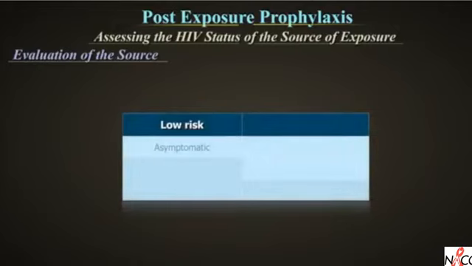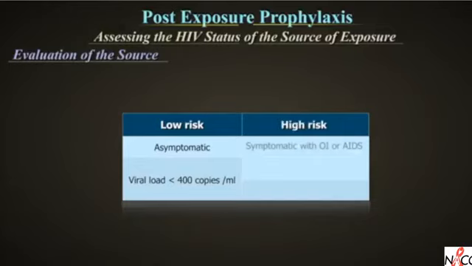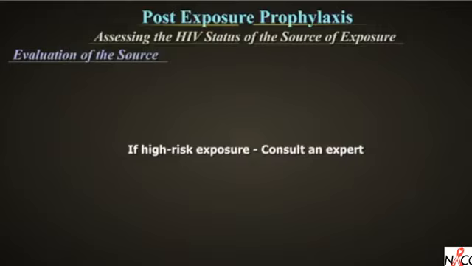Low risk: asymptomatic or viral load less than 400 copies per ml. High risk: symptomatic with OI or AIDS, acute seroconversion, high viral load. In the case of a high-risk exposure from a source patient on ARTs, consult an expert to choose an appropriate PEP regimen if drug resistance is high.